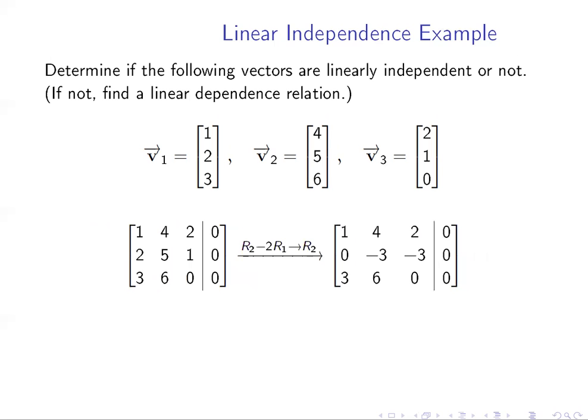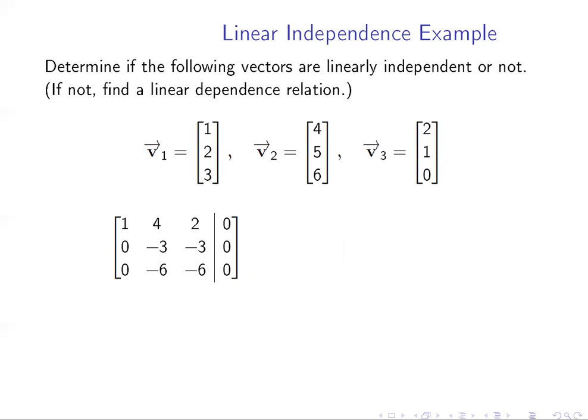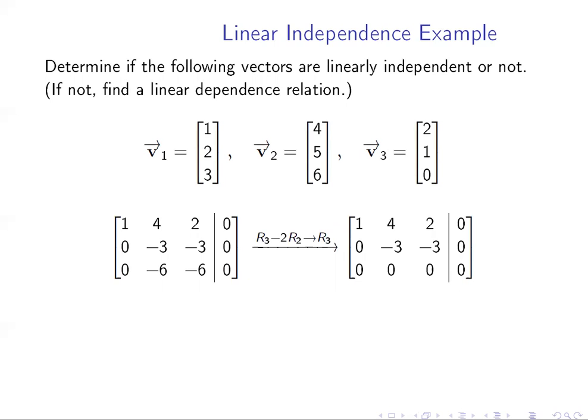All right, so if you solve that, here are the row operations that I did. Row 2 minus 2 times row 1 back into row 2. Then row 3 minus 3 times row 1 back into row 3. Taking that, I then take row 3 minus 2 times row 2, and I get this echelon form, which, if you will notice, has a row of all zeros.